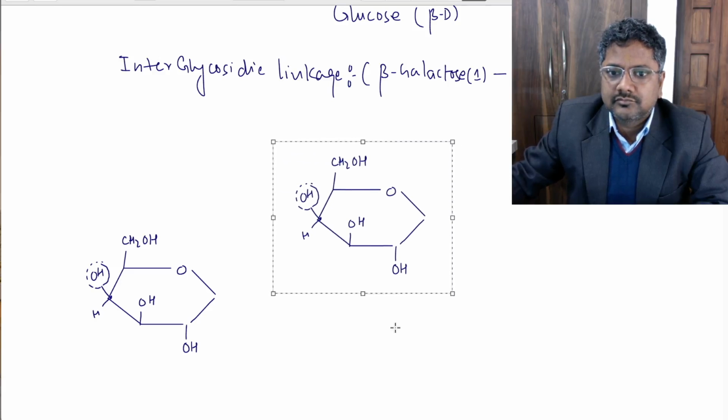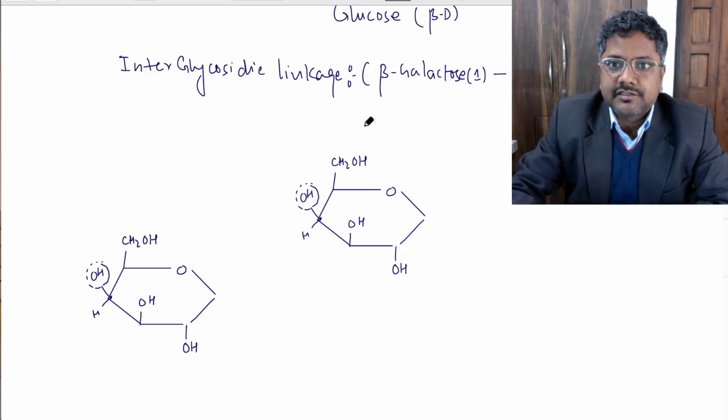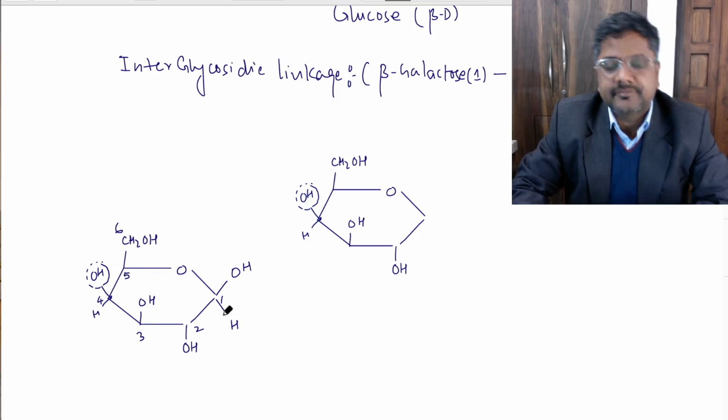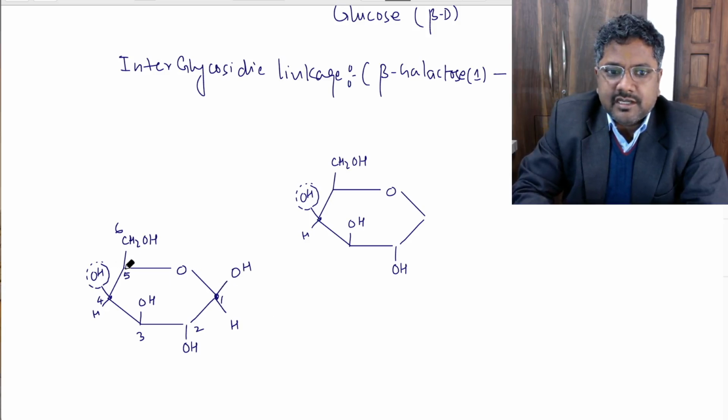Now see, this is 1, 2, 3, 4, 5, 6, right? So this is carbon number 1 of galactose, and this is carbon number 5. Both this CH2OH and OH are in the same plane. So this is beta configuration.